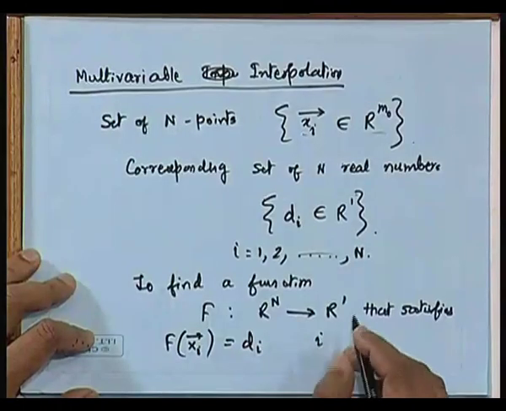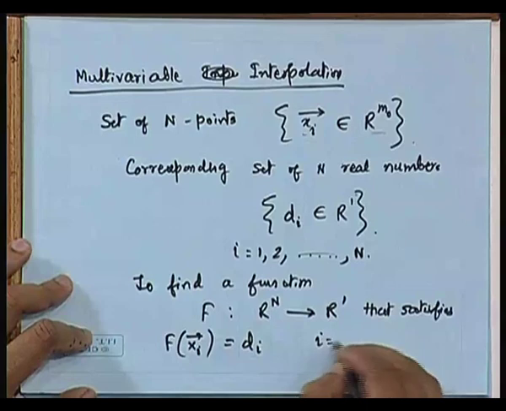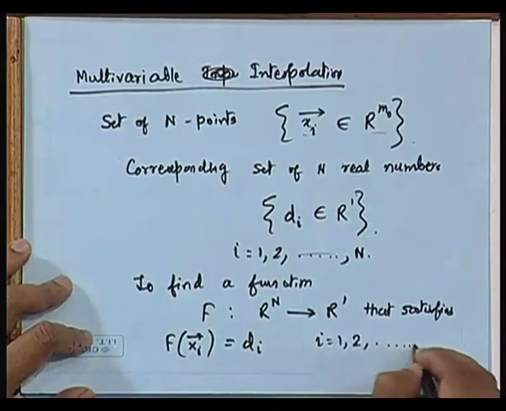So, di is equal to f of xi simply, and we do not know what that function is. That function is nothing but the interpolating function, correct. So, it is to satisfy f of xi equal to di for i equal to 1, 2, etc. up to n.